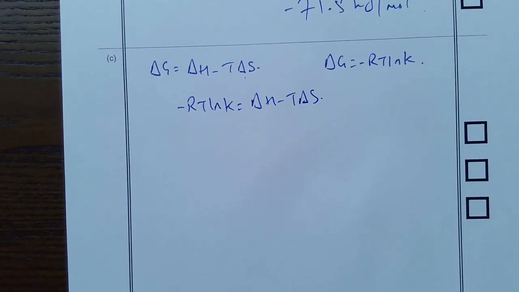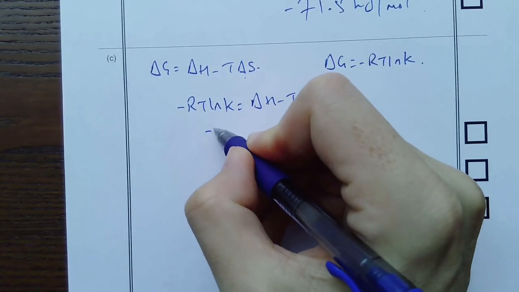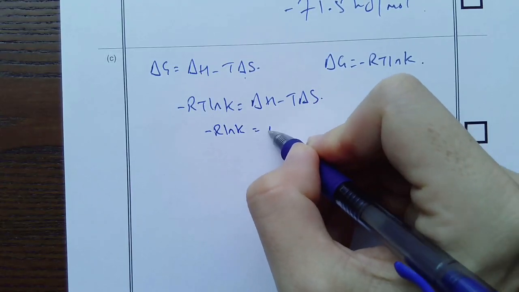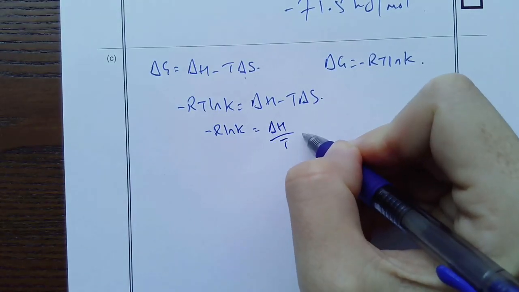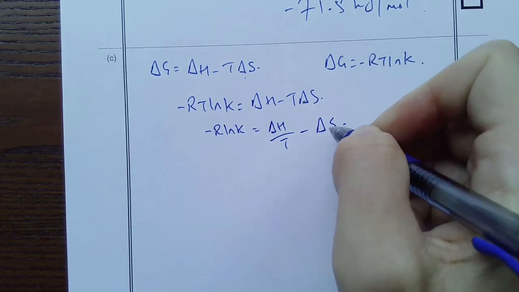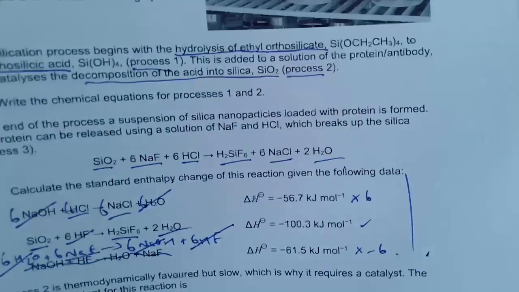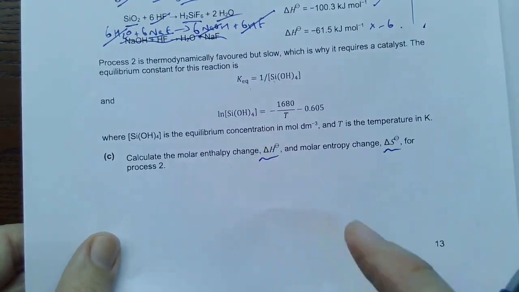And then I can divide by T: minus R log K equals delta H over T minus delta S. So that's good. That's starting to look like this equation a little bit.